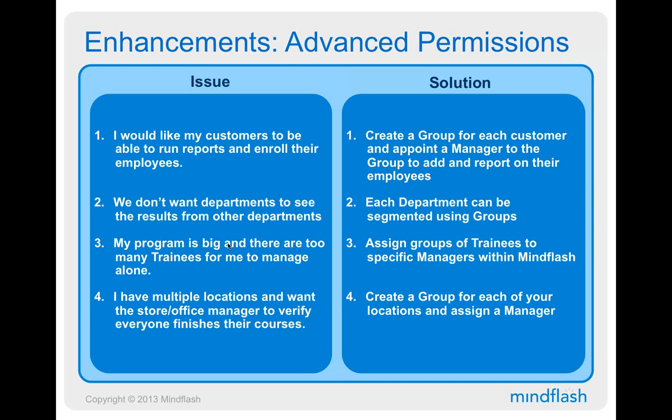So if you had people that were in the sales group and you went into your report as an administrator and you wanted to restrict the report to just people in the sales group, there are a series of checkboxes on the left-hand side for every group that you have. You can check the sales group and it would just limit the report to sales. I think that covers that question, but if that doesn't, please feel free to reach out to us, help@mindflash.com, and we can address that question specifically.